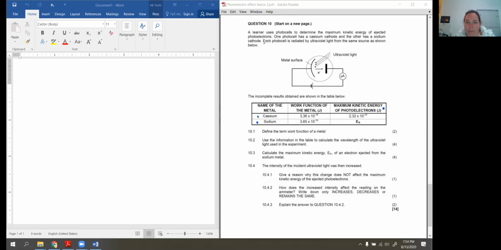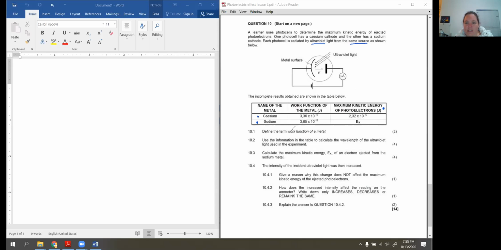Each photocell is irradiated, that means the same thing as having light or photons incident on it, by UV, ultraviolet light, from the same source. Same source means same frequency, same intensity, same everything. The incomplete results obtained are shown in the table below.